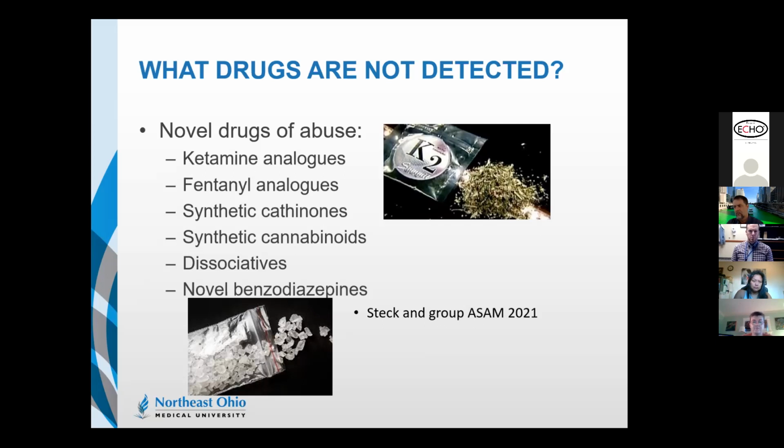Dissociatives, and there is apparently a group of novel benzodiazepines that are going to come into use, or already are in certain states, that aren't detected as a benzodiazepine.